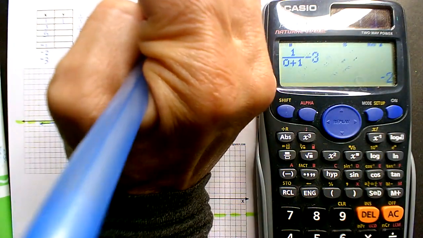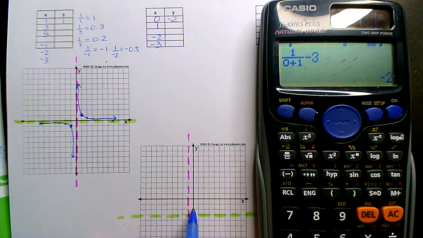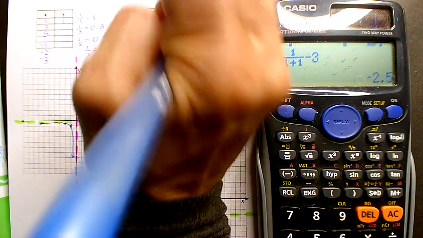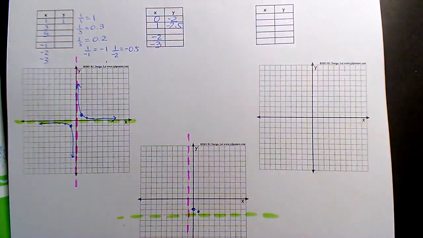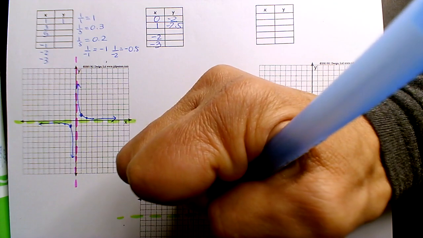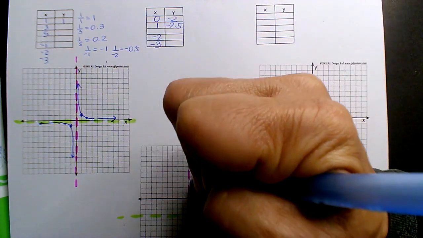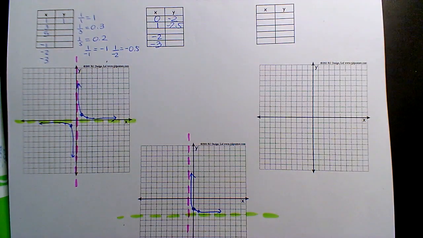I get negative 2. So 0, negative 2 is here. If I substitute 1, I get negative 5 over 2, which is negative 2.5. So here are my 2 points, and this essentially is your curvature. That's your graph.